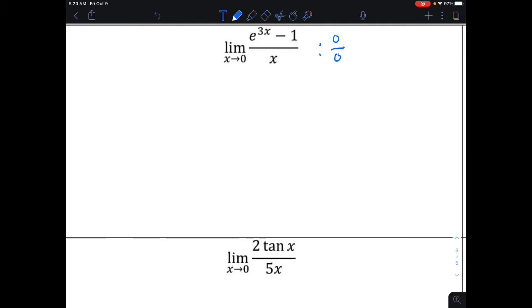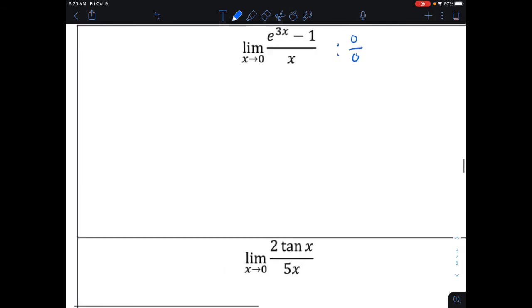What they want to see is that the limit of the numerator, so the limit as x approaches 0 of e to the 3x minus 1, is equal to 0, and the limit as x approaches 0 of the denominator is equal to 0. Since both the limit of the top and the bottom equal 0, now we can say that we're going to do L'Hopital's rule.